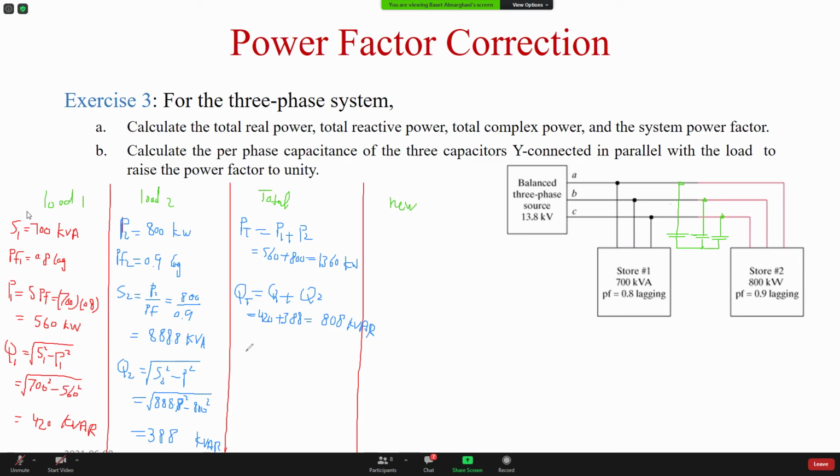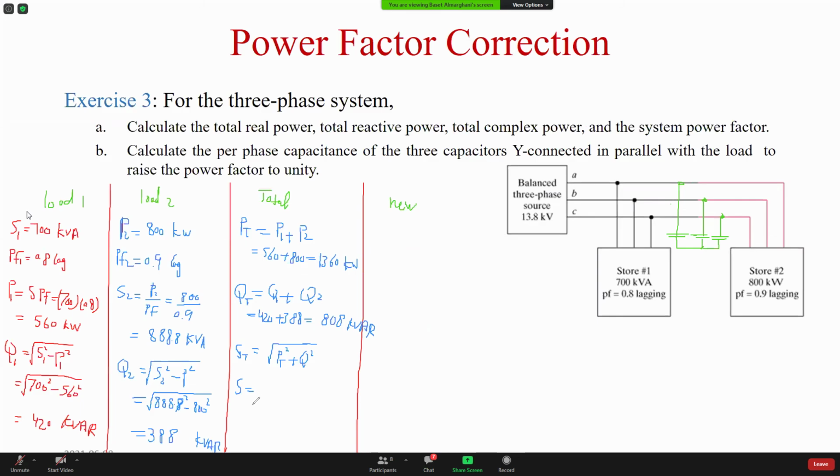And I can find S total, which is the square root of P squared total plus Q squared total. Then I can find S here. Their total reactive, total complex power.